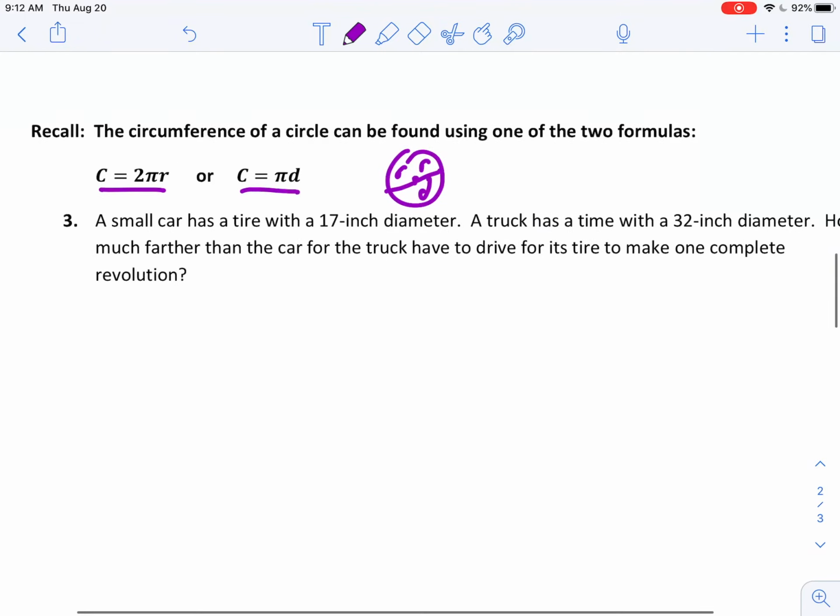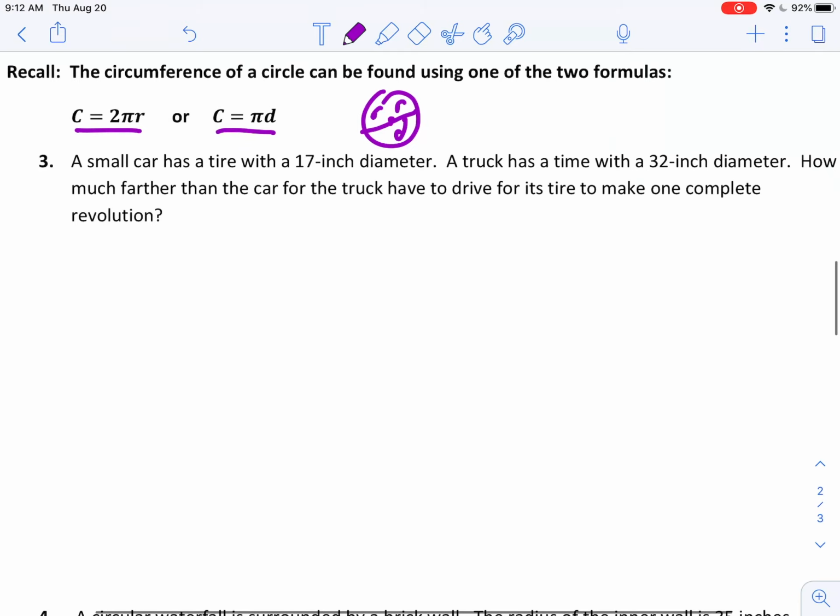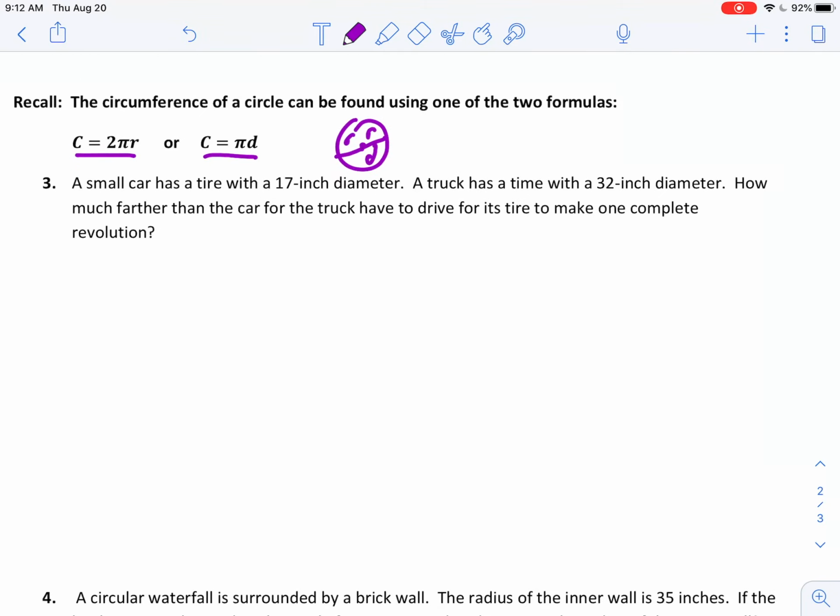All right, a small car has a tire with a 17-inch diameter. A truck has a tire, that should say tire, not time, with a 32-inch diameter. How much farther than the car will the truck have to drive for its tire to make one complete revolution?